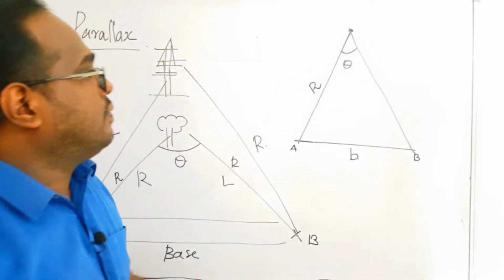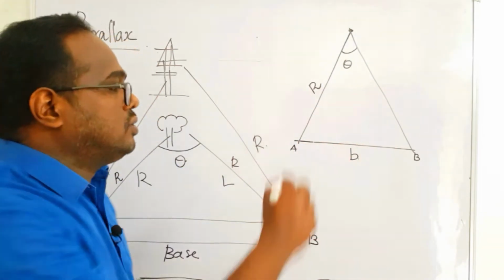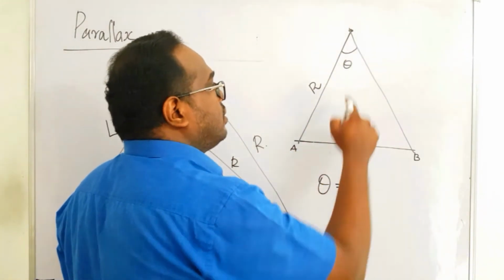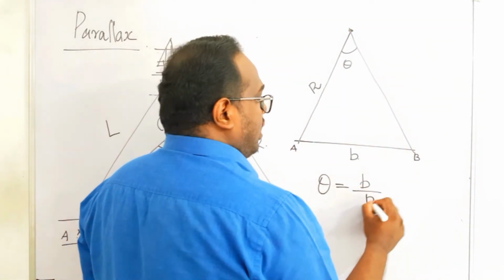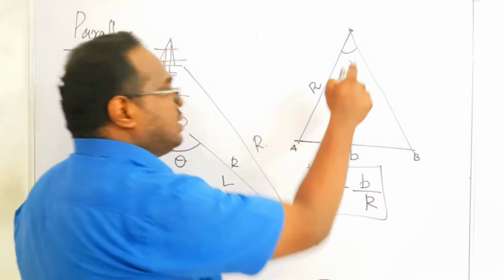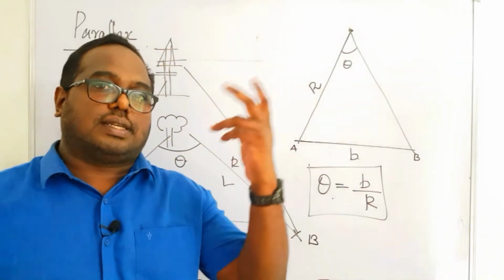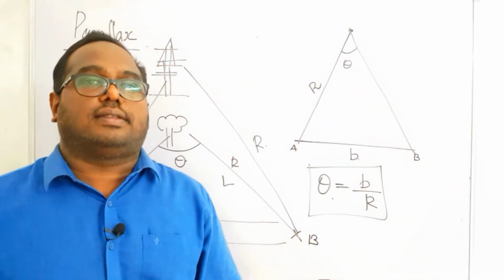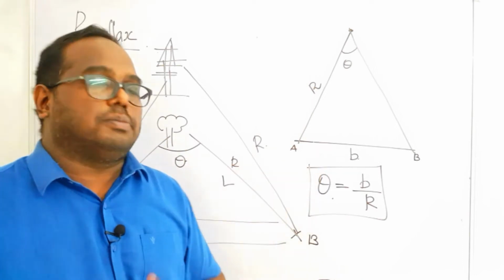If this distance is very large, you can treat this as a part of a circle, right? So we know that theta is equal to arc length by radius, so theta = b/r. Using this calculation, we can find out the distance between star and Earth using this principle.